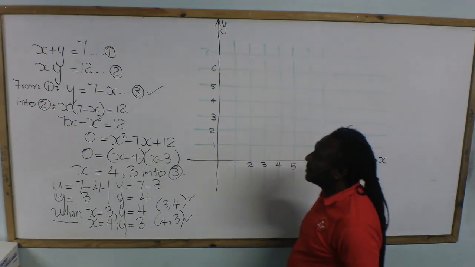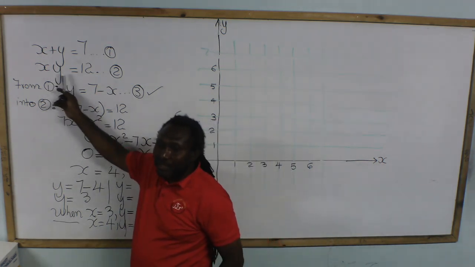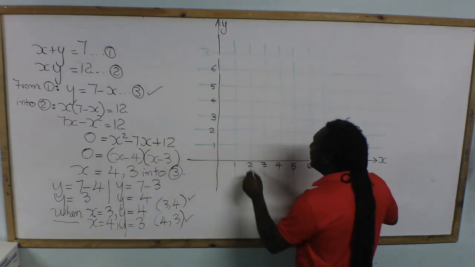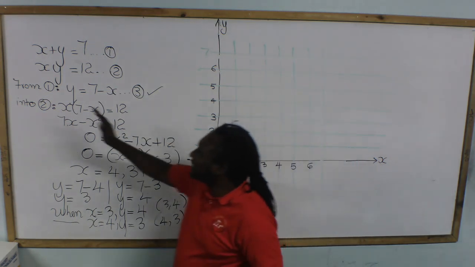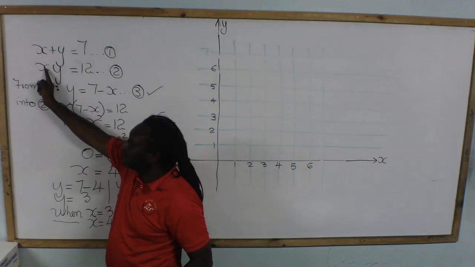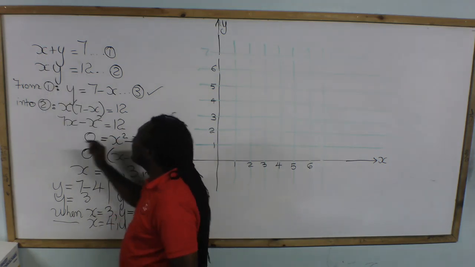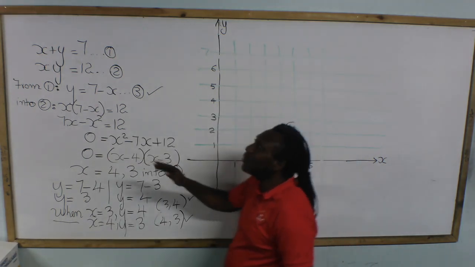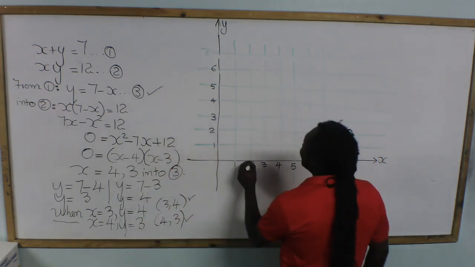Now, let's put the curve in. x times y is equal to 12. If x is equal to 1, what is y equal to? xy is equal to 12. But you know that I did not cater for that on this. So if x is equal to 2, what is y equal to? 6.